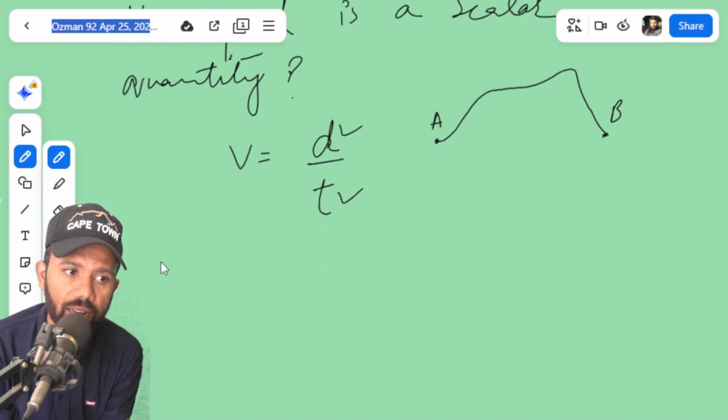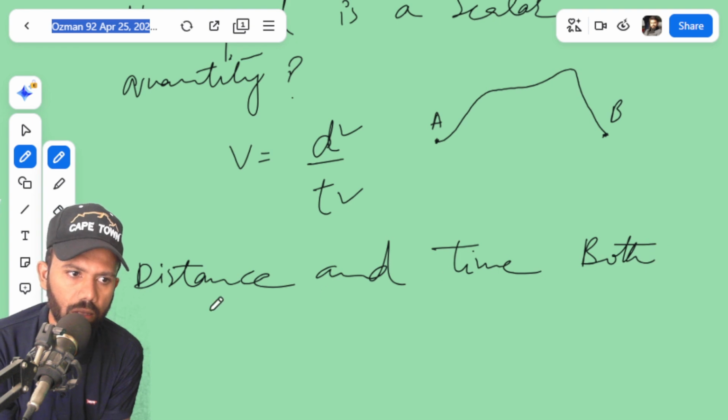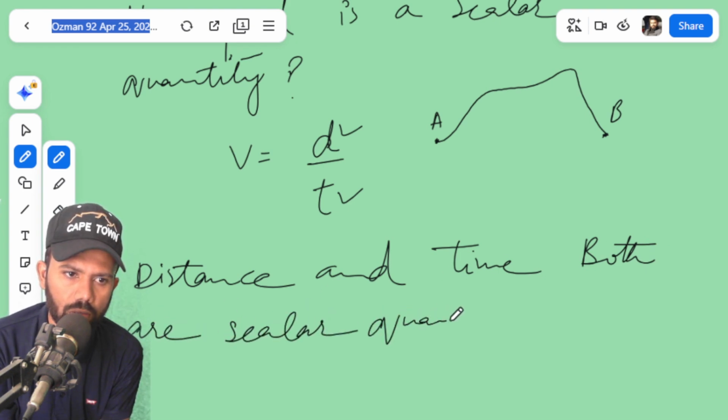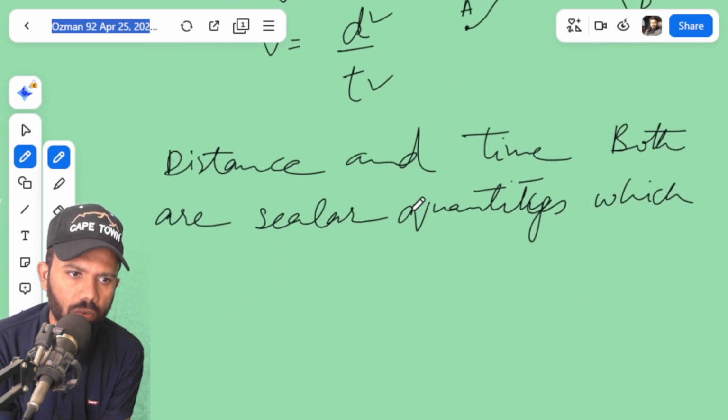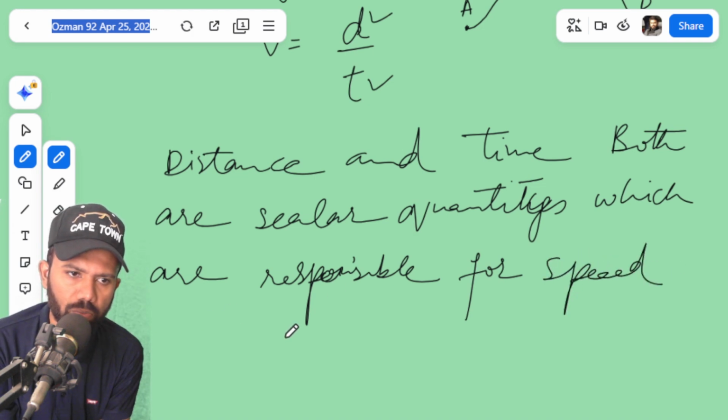So we can write: distance and time both are scalar quantities which are responsible for speed.